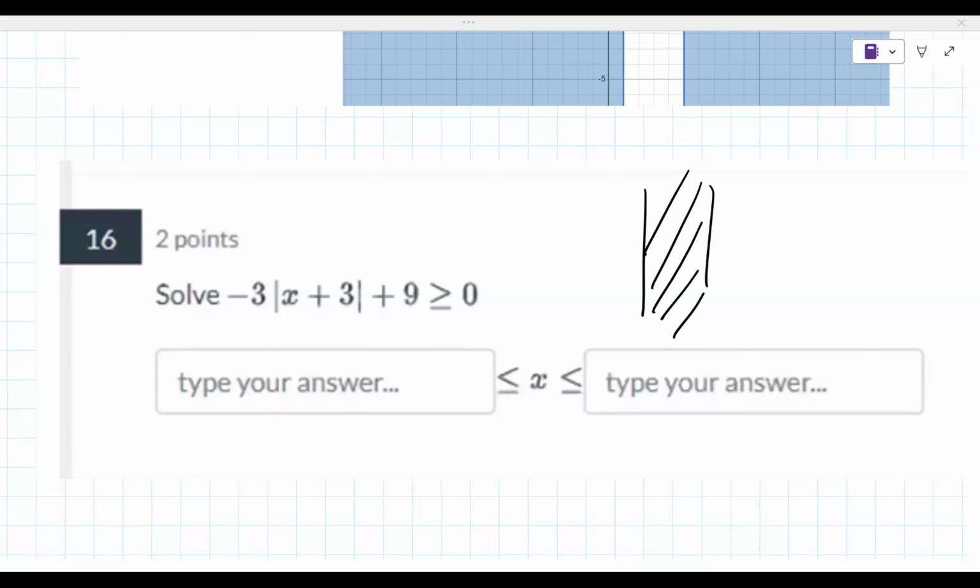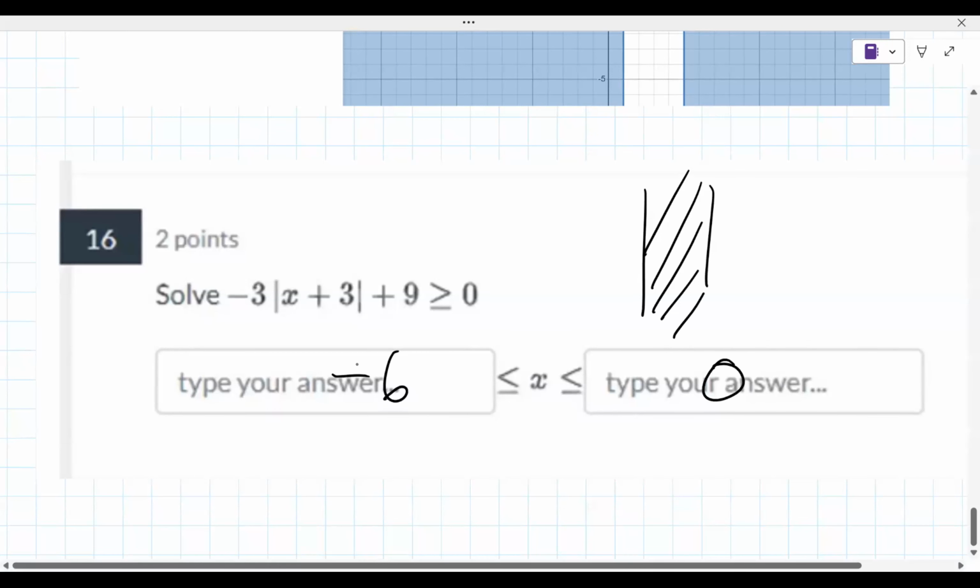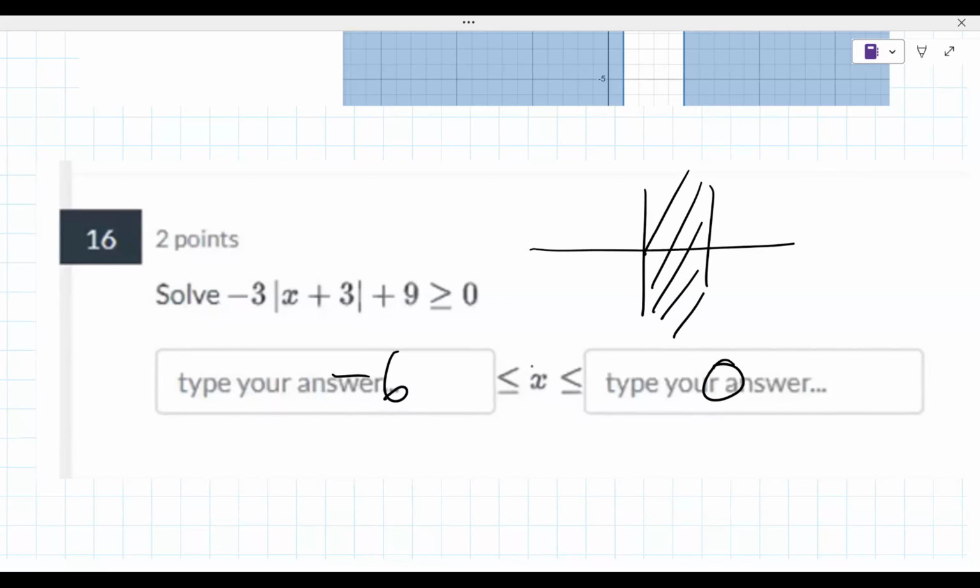Okay. I got like 6 and 0, -6 and 0. Perfect. I think it's good to show a graph if you're showing your work, especially if you're allowed to use Desmos, but they're just grading the answer ultimately. So make sure you get that right.